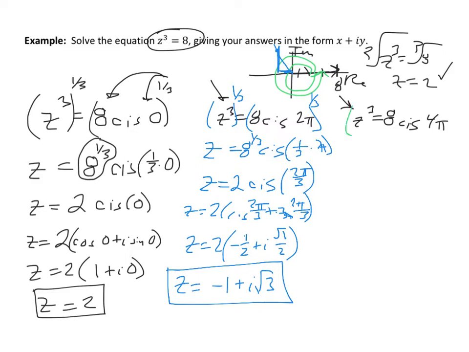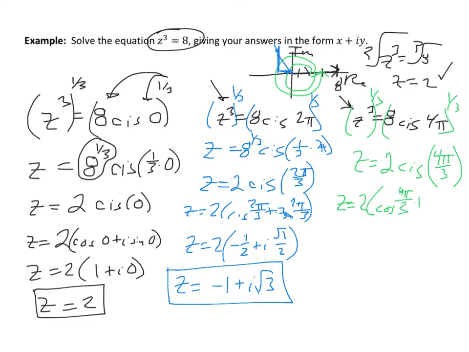For this one, if I raise both sides to the 1/3 power, I'm going to get z equals 2 cis 4 pi over 3, just multiplying that in. If I expand this, this is 2 cosine of 4 pi over 3 plus i sine 4 pi over 3.